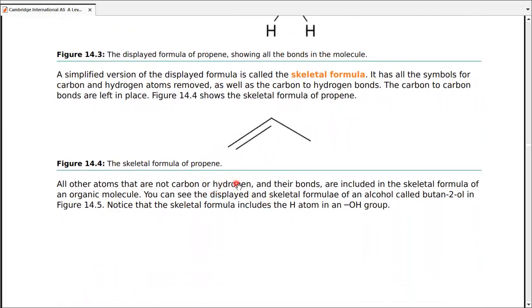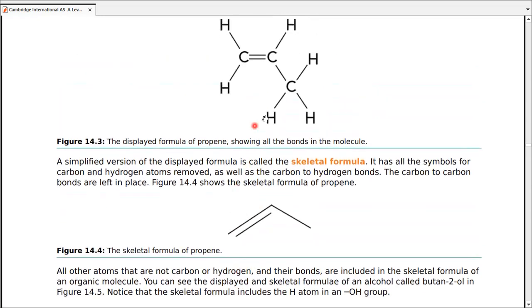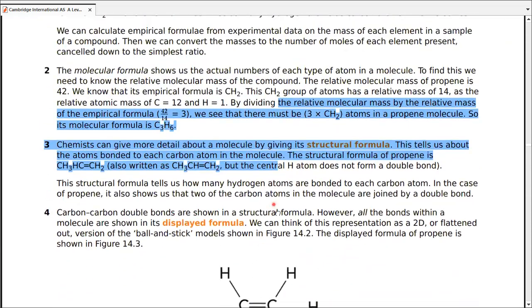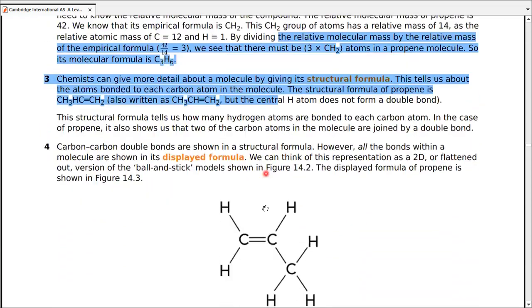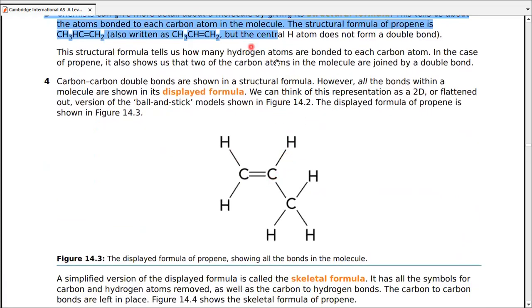So a simplified version of displayed formula up ahead is skeletal formula. Now, all those five types that we have done previously from IGCSE have been finished. You might be considering that I have really discussed four types. I'm talking about a fifth type as well. I didn't really discuss the general formula as a type over here.